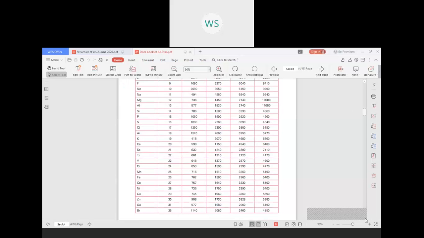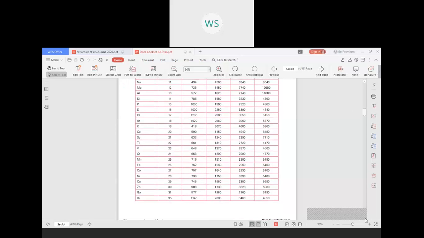Okay, I move to the next page, the last page, of the first ionization energy, the successive ionization energies of various elements. What is the first ionization energy of radium?